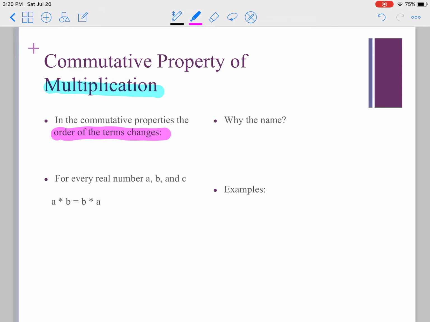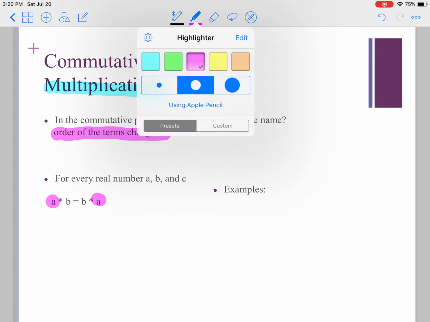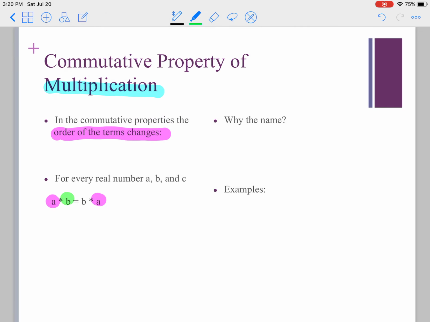And so when we look at our terms in our generalized equation, A times B is equal to B times A. The order changes, the value does not.